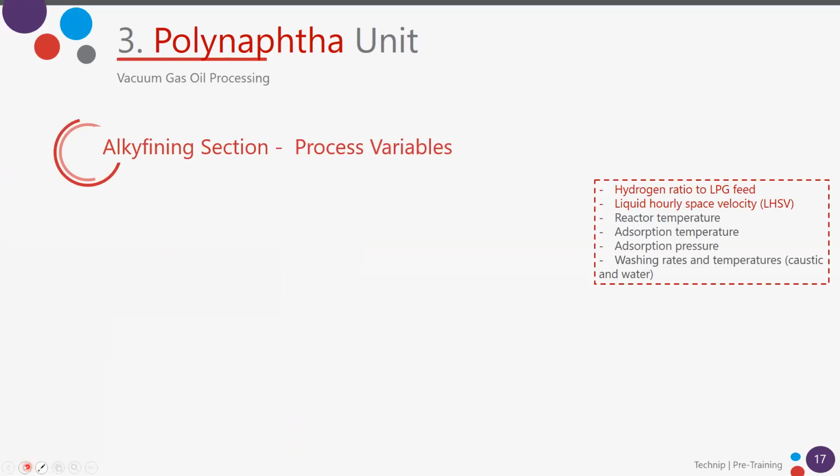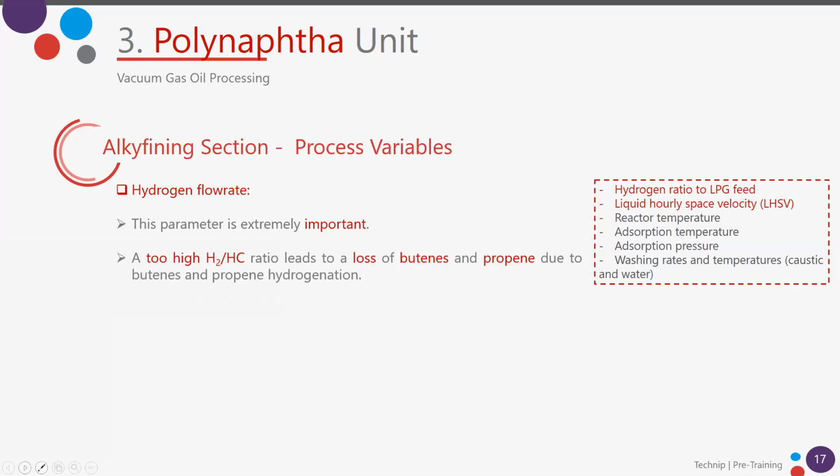So we will see now the main process variables that will affect the unit, the hydrogen flow rate. Of course, this parameter is quite important. As we talked previously during the question, if we have a high hydrogen injection, we will lose some of the butenes and propene due to the hydrogenation of these compounds.